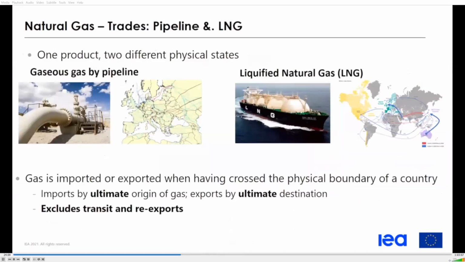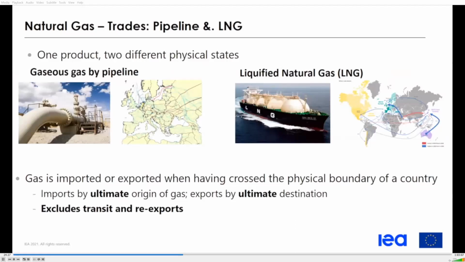As I told you before, regarding natural gas reporting, most of the difficulties come actually from the trade data. Imports should cover gas entering your country for domestic consumption and be reported under the country where the gas was produced.